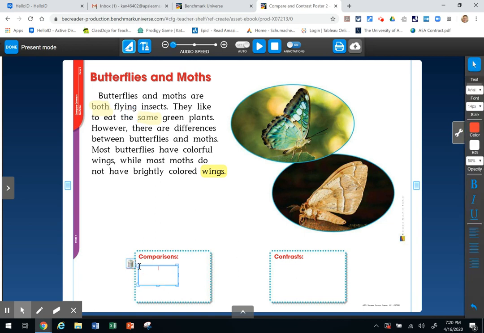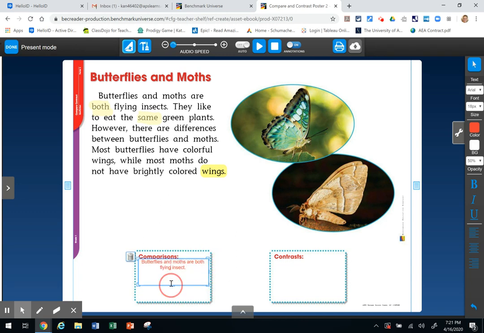Okay, so that's what we're going to write for our comparisons, okay? So I'm going to write that butterflies and moths are both flying insects. So they both fly. Okay, let me see if I can make this a little bit bigger.